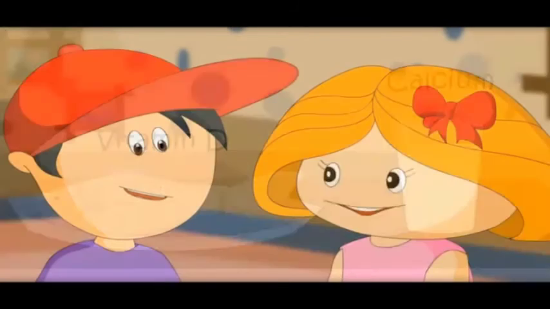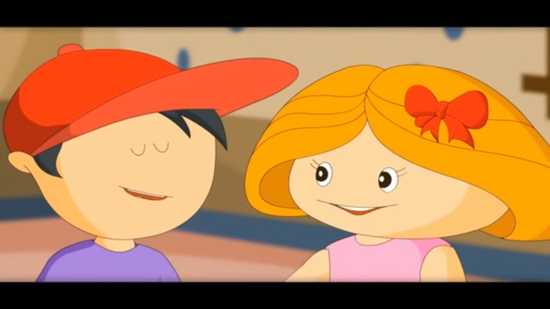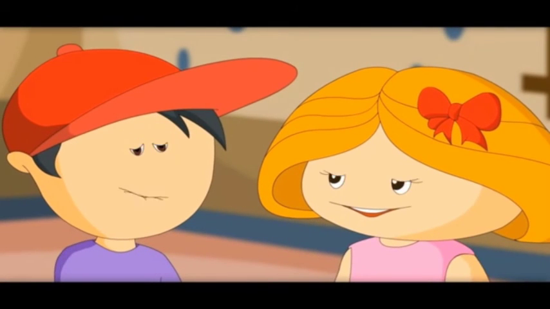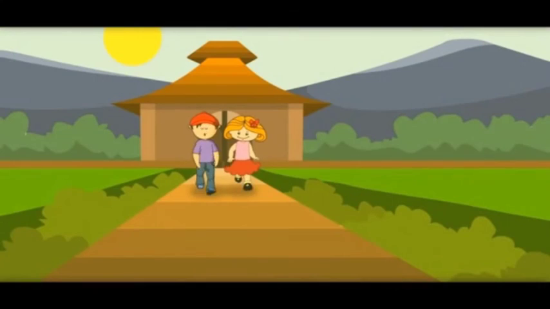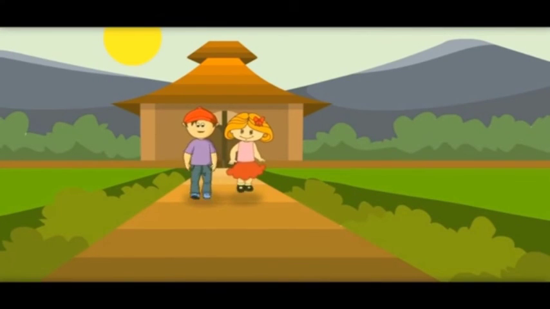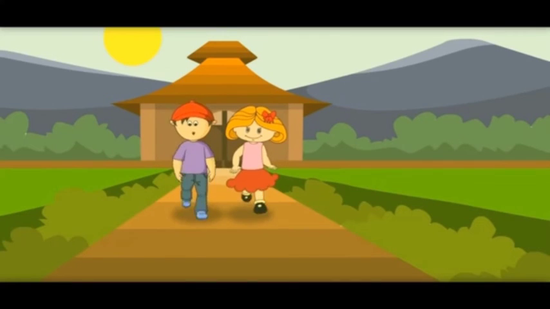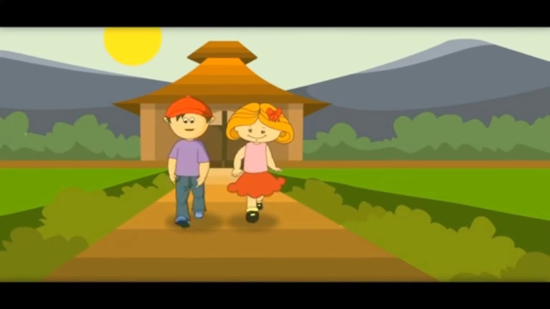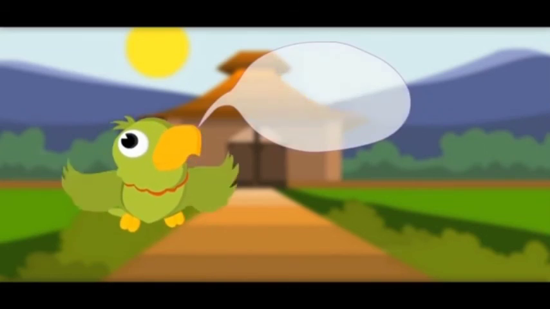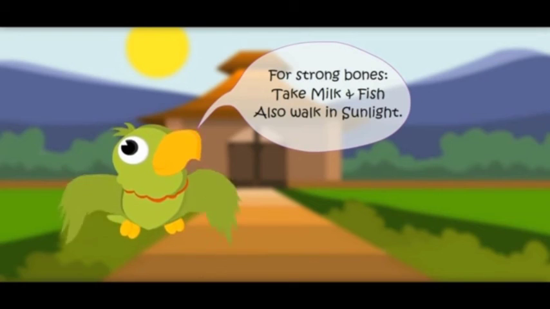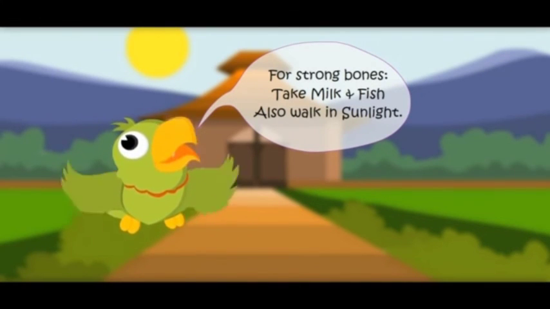And you know, we should spend a lot of time in the sunlight. Now my bones would be strong. Now let's walk in sunlight. Yeah, the sun gives us free vitamin D. Oh, the sun gives so many things to us. For strong bones, take milk and fish. Also, walk in sunlight.